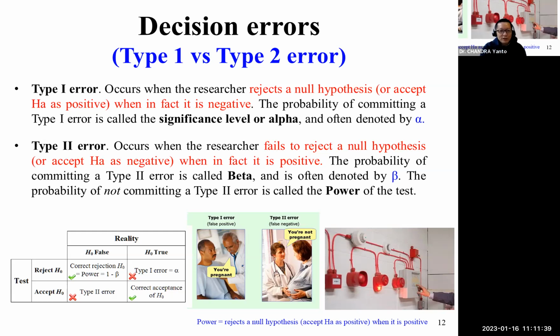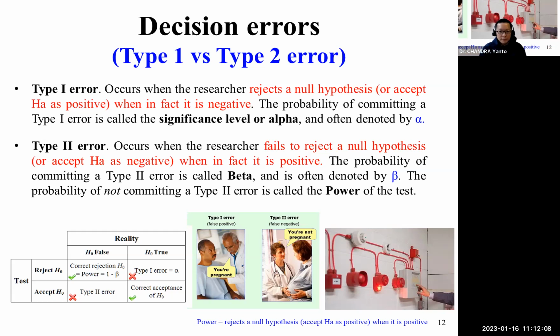Then you know that this doctor is making a type 1 error. The null hypothesis is always that there's no relationship between variables. Let's say the man is not pregnant, that is the null hypothesis. But the doctor is saying you are pregnant, so he's saying the alternative hypothesis is true, where in fact it is not. So this is called type 1 error.